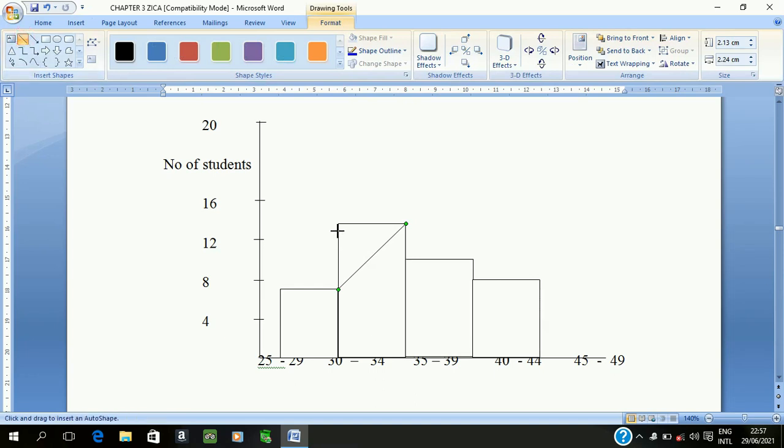Then do the diagonals where the diagonals intersect. There you have the mode value. So the mode value is the value down there where the diagonals intersect. So you can use the histogram to determine the mode value of the distribution.